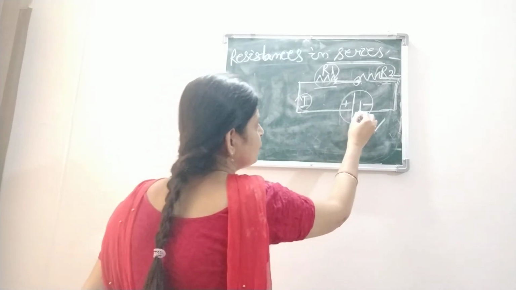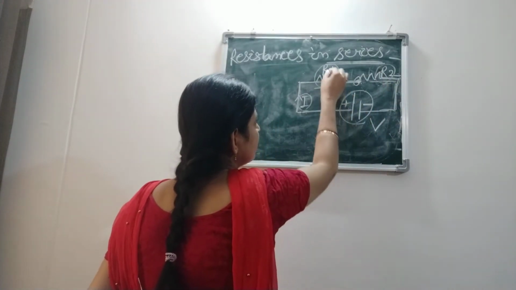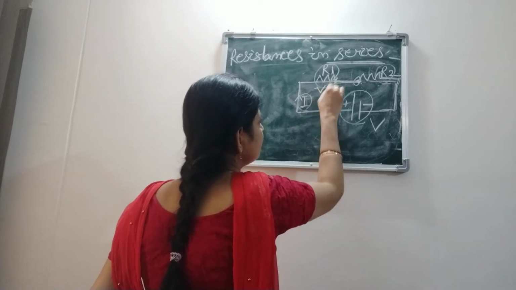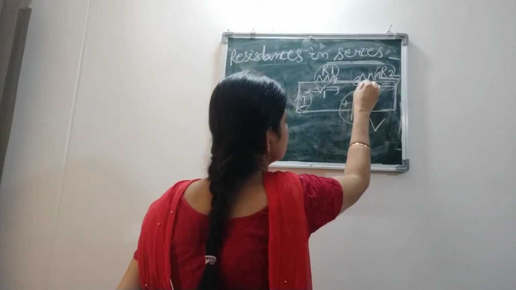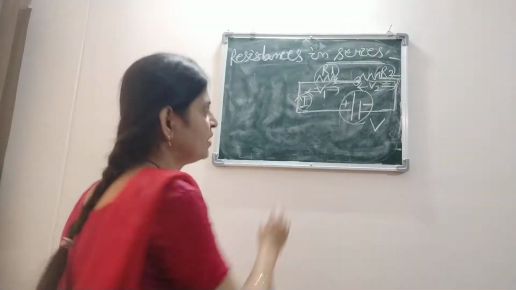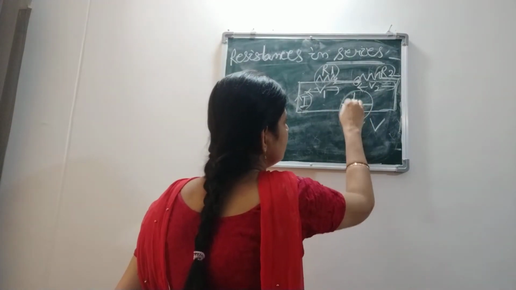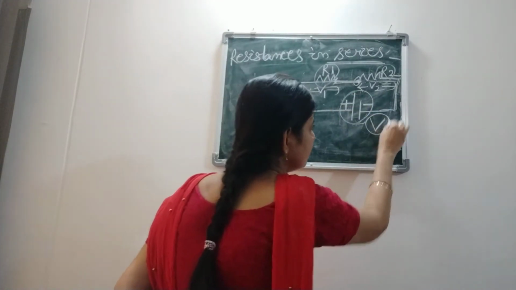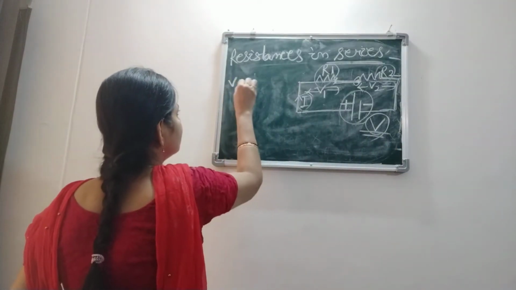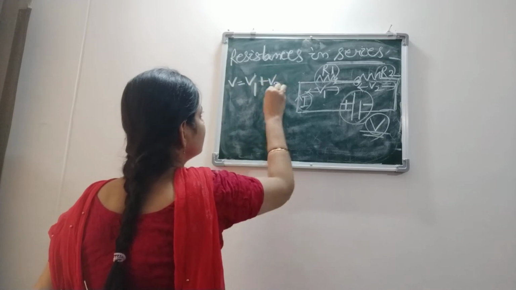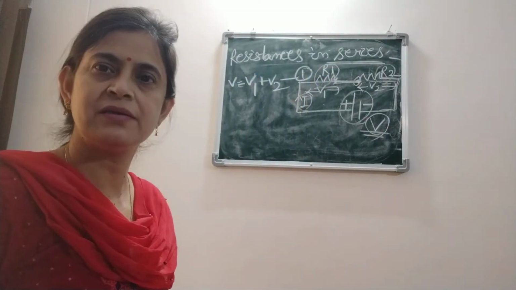But the potential difference is divided. That means for R1, suppose the potential difference is V1, and for R2 the potential difference is V2. But the total potential difference across the circuit, which is supplied by the cell, is V. That means you can write V is equal to V1 plus V2. Clear?